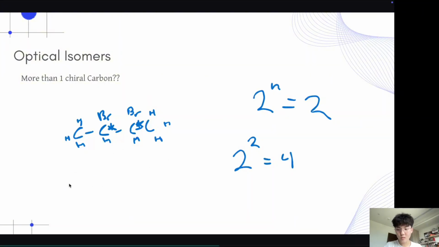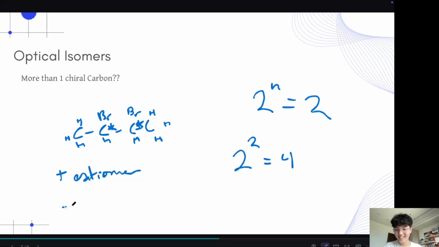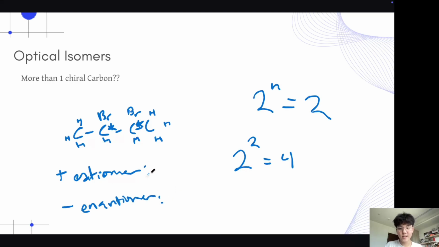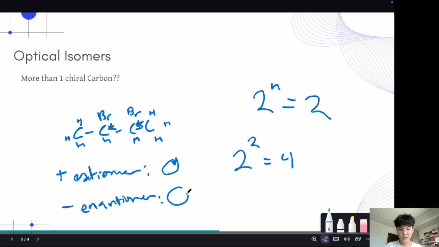And I think the things you need to know is positive enantiomer is just clockwise, so plus enantiomer. I don't know how to spell it. Apologies if this is wrong. But a positive enantiomer is just clockwise, and a negative enantiomer is just counterclockwise.